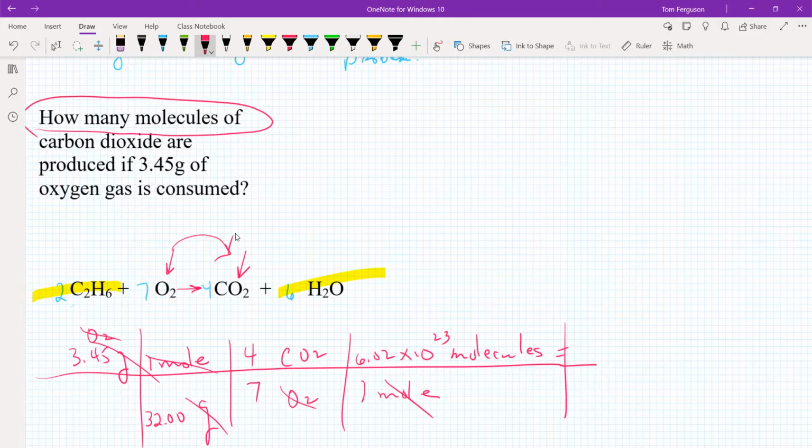So this gives us molecules of carbon dioxide. Everything else cancels. And that's what our calculator is, molecules of carbon dioxide. Okay, so this is a setup. So let's grind this out and see what we get.